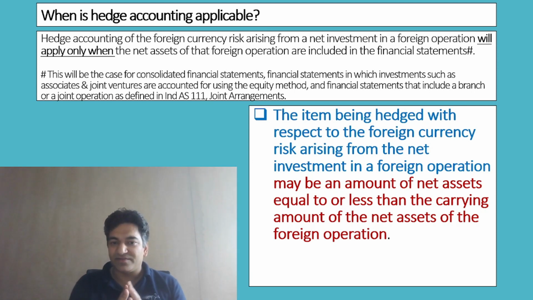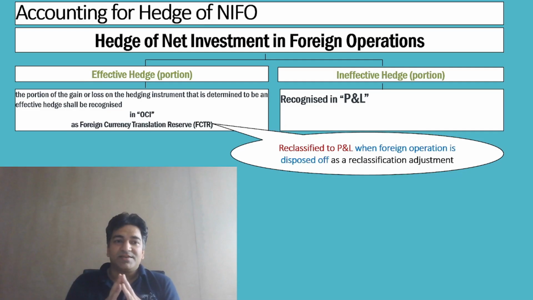So there are net assets of the foreign operation. The item being hedged can be an amount of net assets equal to or less than the carrying amount of the net assets of the foreign operation. So what will be the accounting for hedge of a net investment in a foreign operation? NIFO is net investment in a foreign operation. To the extent of the gains or losses on the hedging instrument, and not the hedged item, that are determined to be an effective hedge, these will be recognized in other comprehensive income as foreign currency translation reserve.